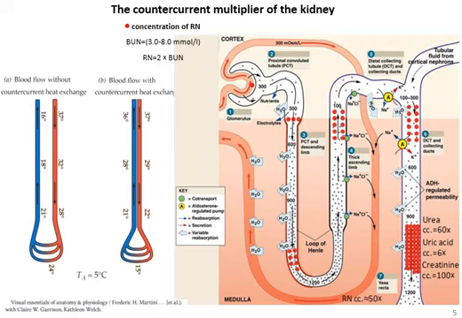For instance, in a cold ambient temperature, you want to keep as much heat as possible in your body. You will set up shortcuts between the arteries and the surrounding 2 veins.